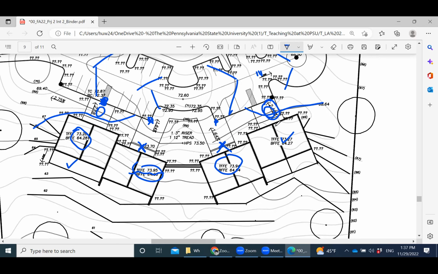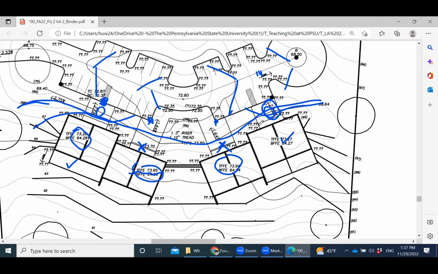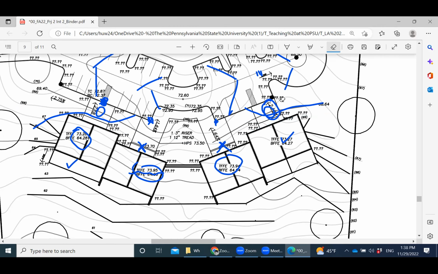Okay? And there's no swale across the full width of the apartments. Now, water would be draining from the house to the parking lots in this way. And then if you want to, you could start creating a swale going this way.